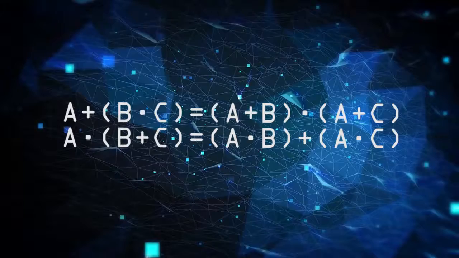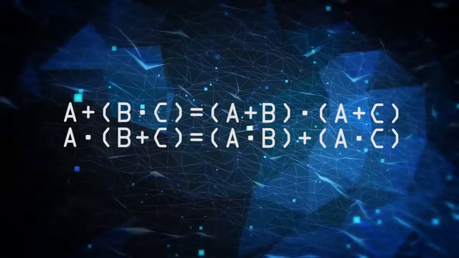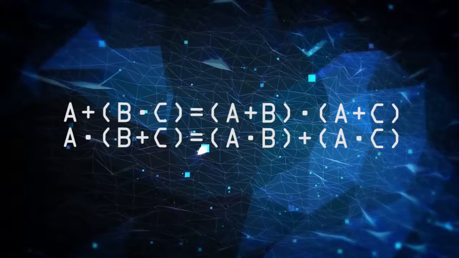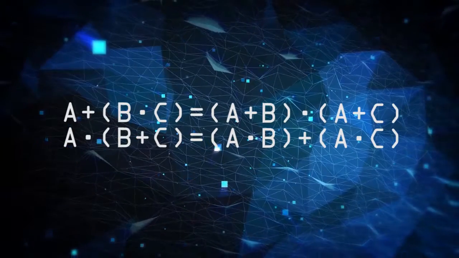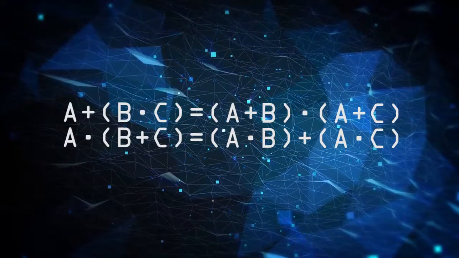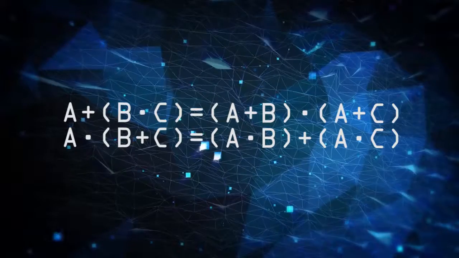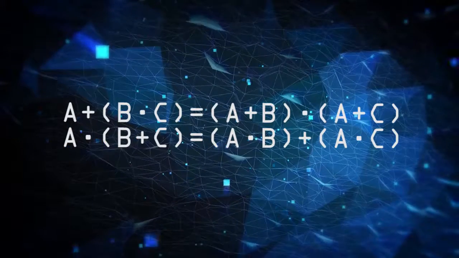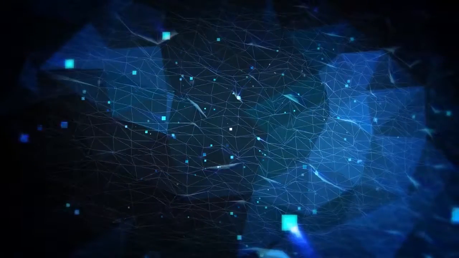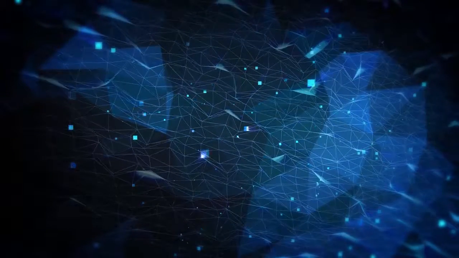When you have an OR, like A plus B times C, it will be equal to a POS. It will be A plus B times A plus C. That is the distributive law for OR.